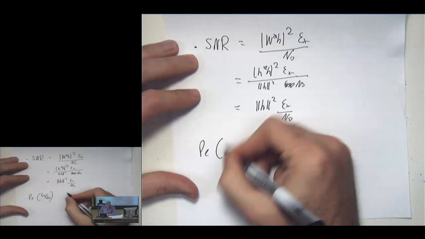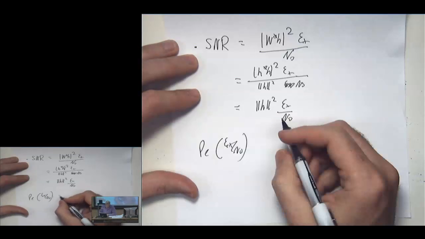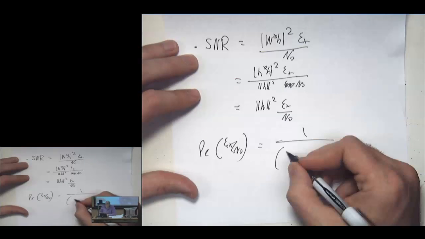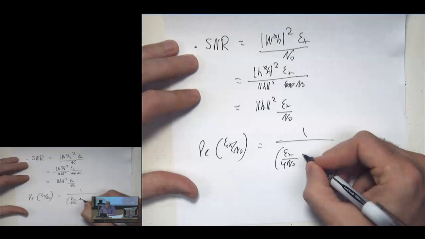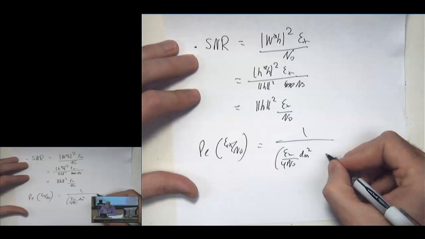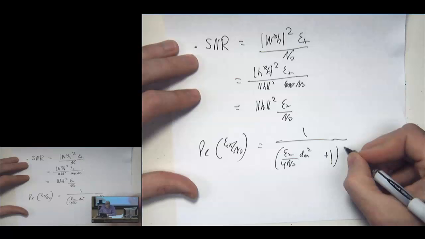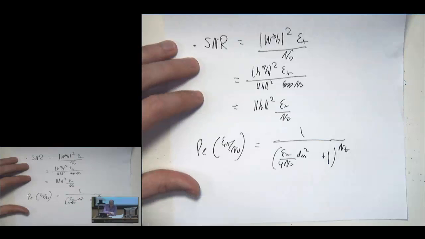So the probability of error will then be something like 1 over square root of E_X over N naught, for N naught, d min squared, plus 1, to the N_T here. Yeah, this is correct here.